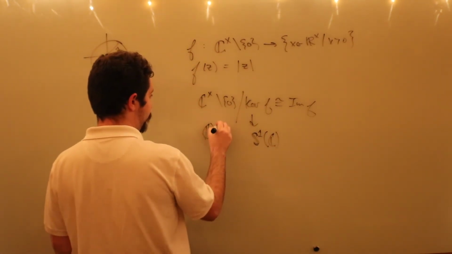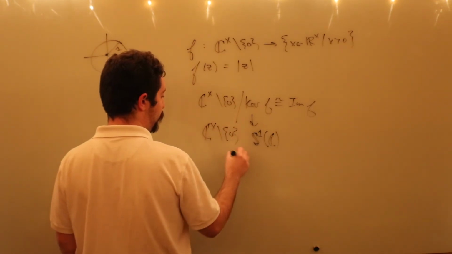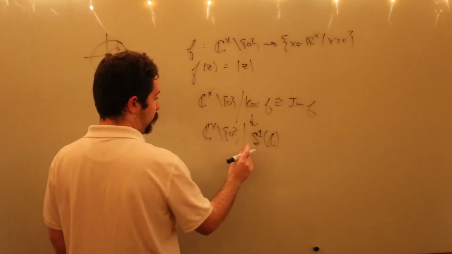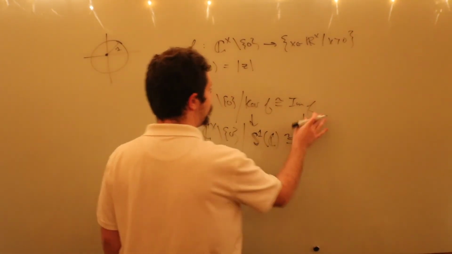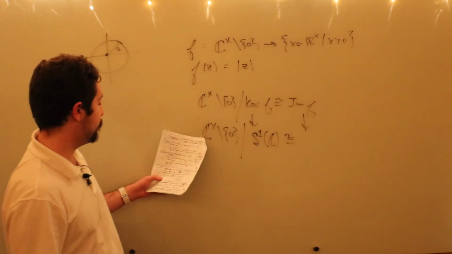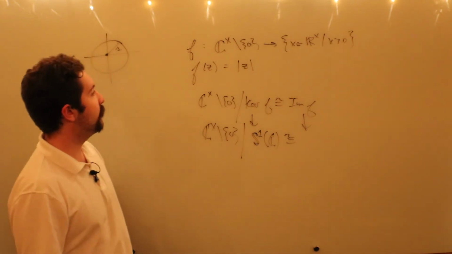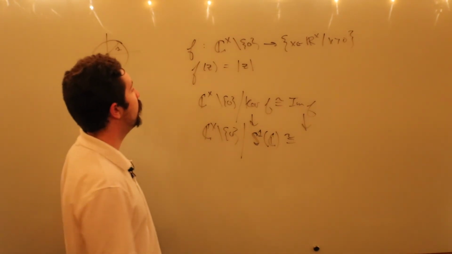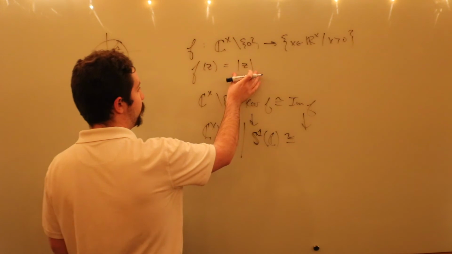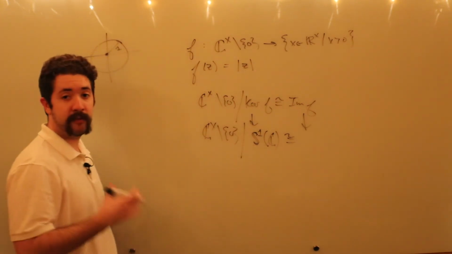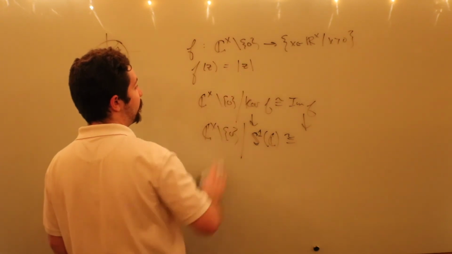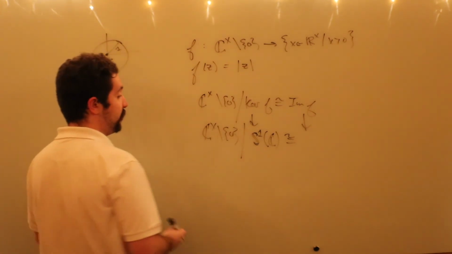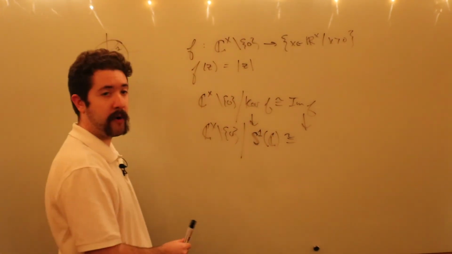So we have the complex numbers without 0, multiplicative group, quotiented by the unit circle, is isomorphic to, and what is the image set in this case? The image is all those elements which get mapped to. In other words, all those positive real numbers for which there is a complex number with exactly that modulus, and that's going to be all of them.